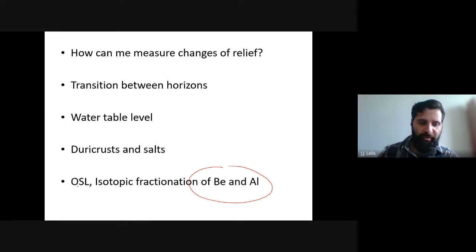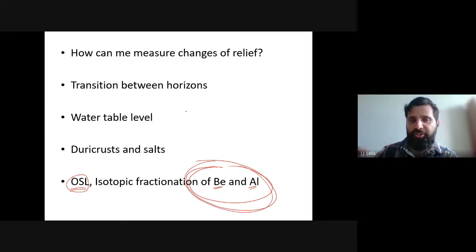The OSL reaches the beginning of the Cenozoic, but the beryllium and aluminum could reach even the Mesozoic ages. So we can measure and understand the formation of ancient soils if we use this technique compared to OSL.